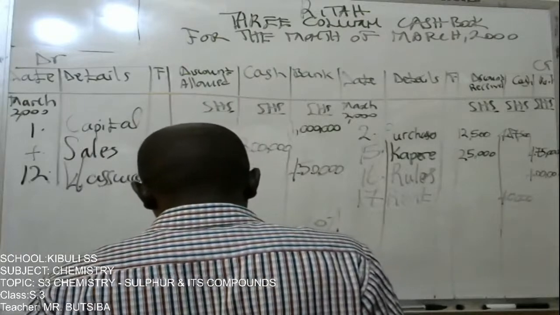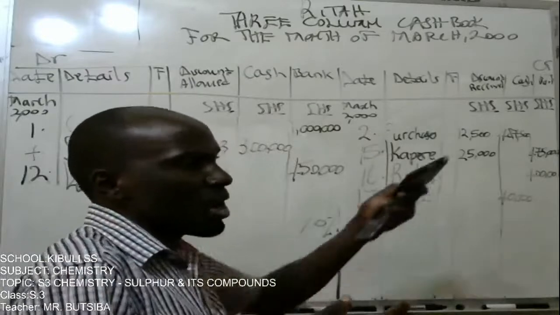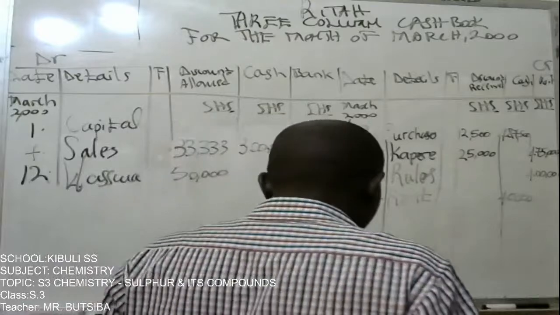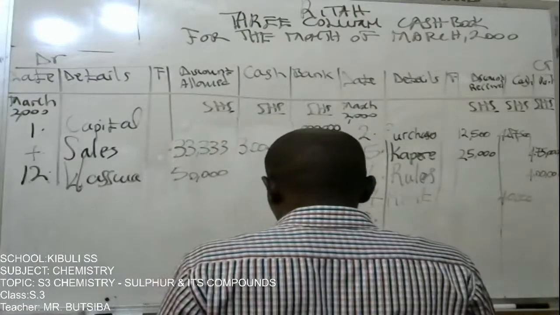Then withdraw money for business use. When you withdraw money for business use, that means the bank account is losing and the cash account is gaining, and that one becomes a contra entry on 23rd.